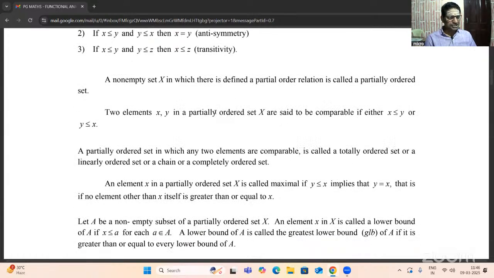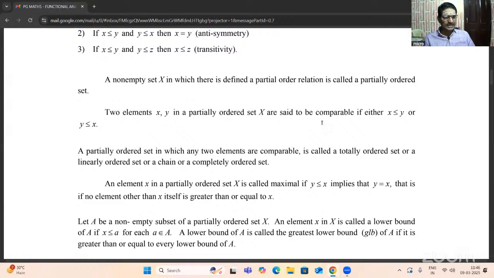In a partially ordered set, any two elements may be comparable. Suppose in the partially ordered set you take any two elements x and y; both are comparable if x is less than or equal to y or y is less than or equal to x.